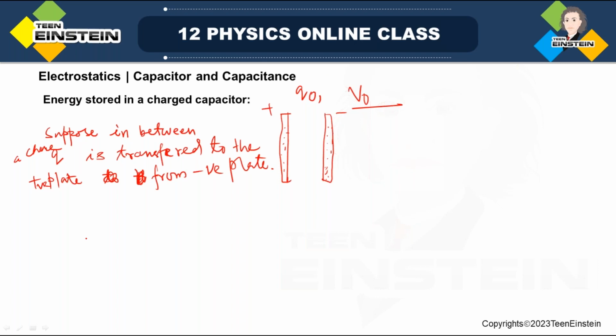So at some point, a charge plus q has developed here and minus q here, and suppose due to that the potential is V. So we can write this voltage as q by C. This is the voltage developed across the conductors.